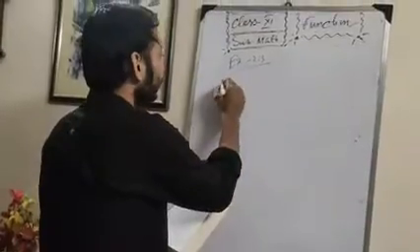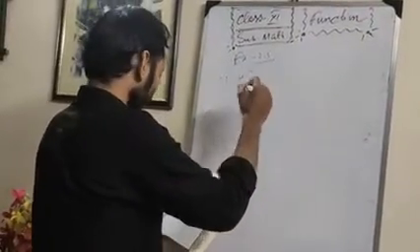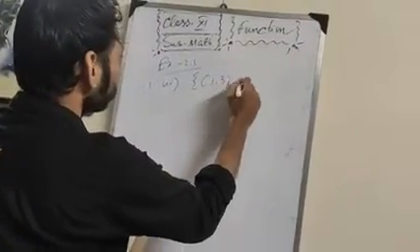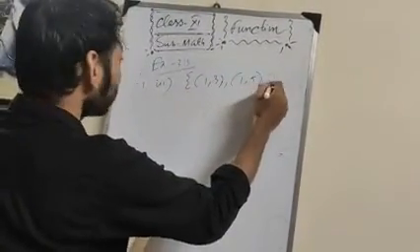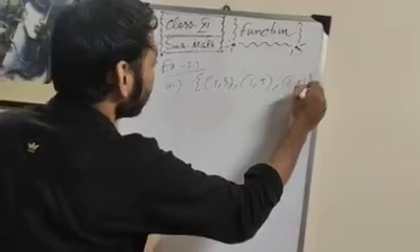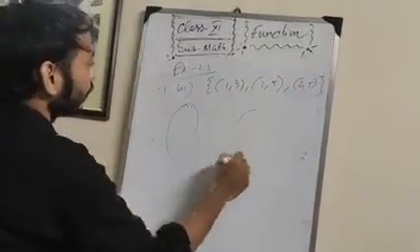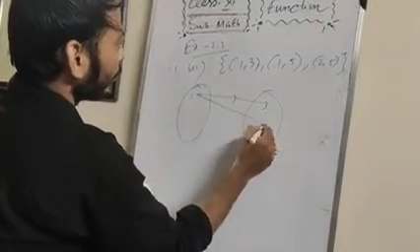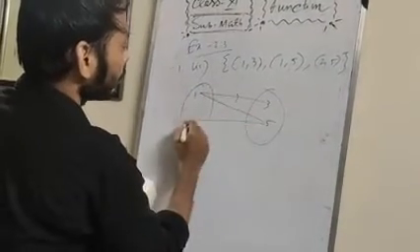Here it is given the ordered pairs (1, 3), (1, 5) and (2, 5). So 1 goes to 3 and 1 goes to 5 and 2 goes to 5.